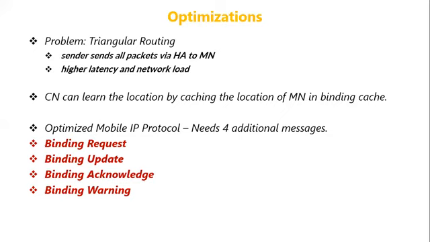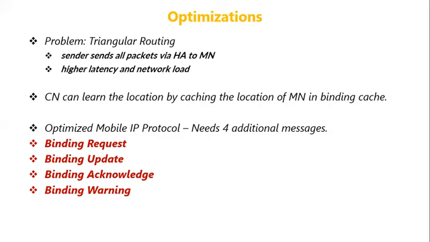Binding request means if any node wants to know the current location of a mobile node, it can send a binding request to the HA, that is the home agent.